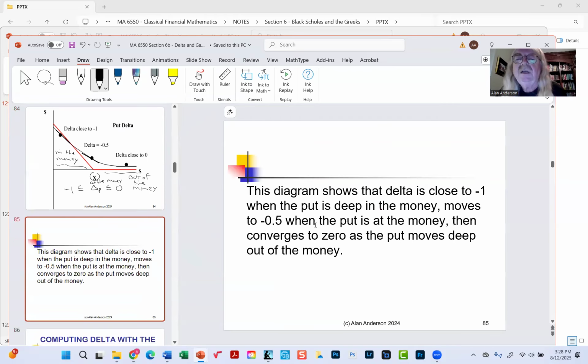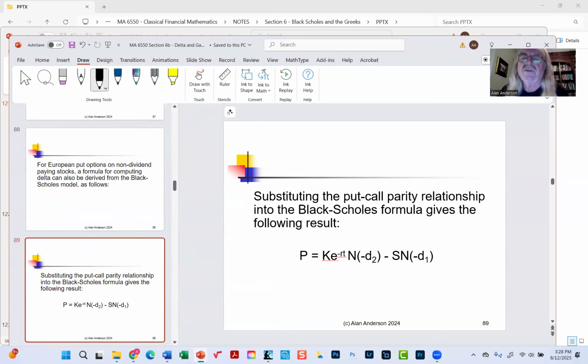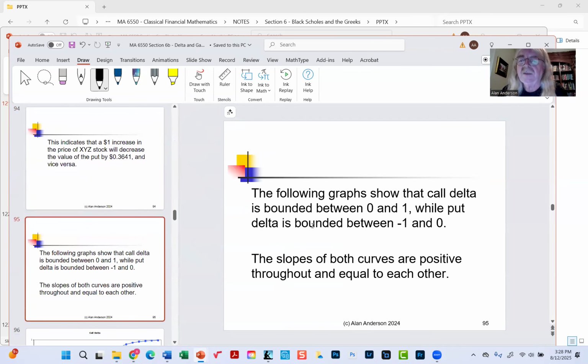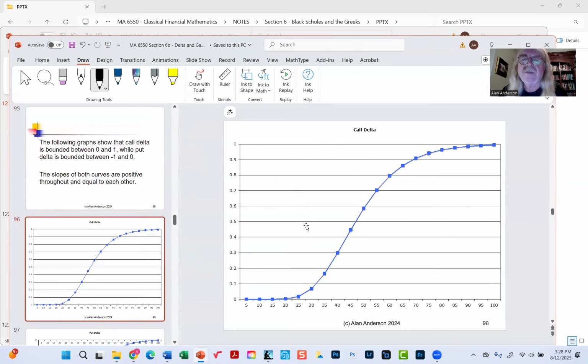All right. So again, this graph, as I started to show you, if we were to take an option and recalculate delta at every possible level of S, this is the result. You can see it's an S curve. And this is what we're using, by the way, to calculate the gamma. The gamma is actually the slope of this curve.